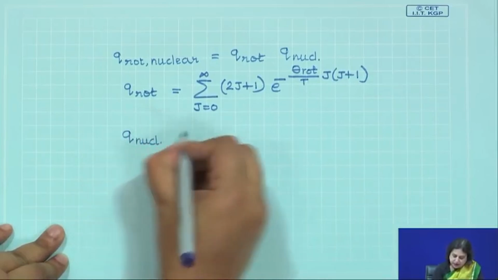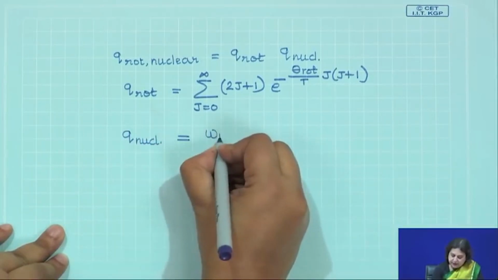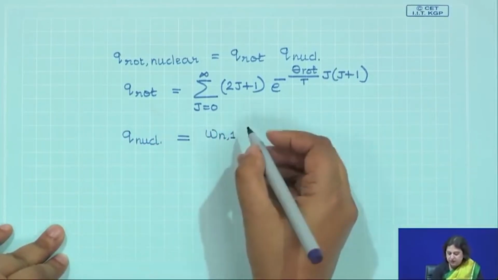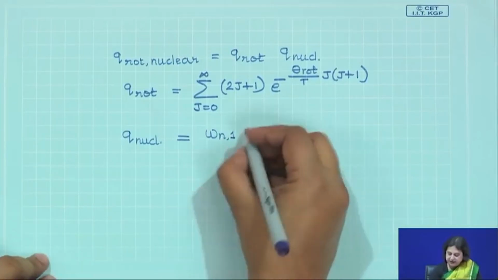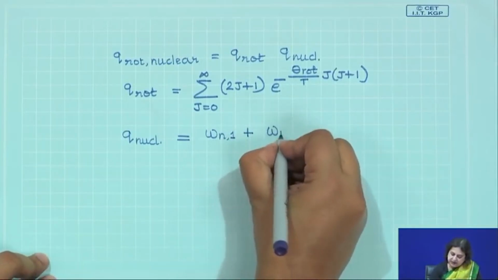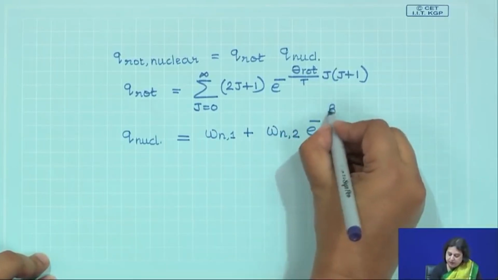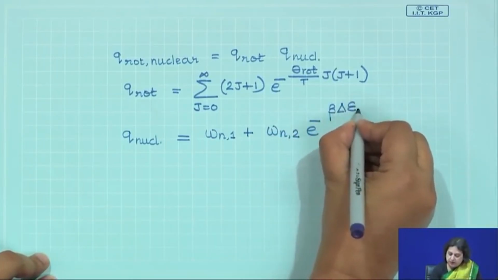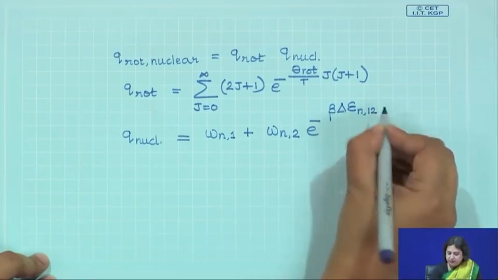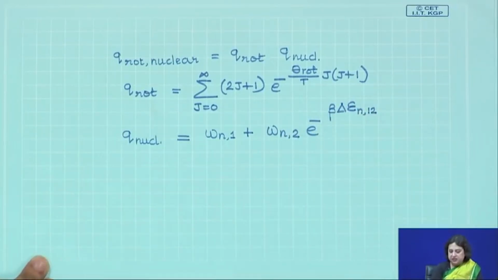We know that Q nuclear is equal to the degeneracy of the ground nuclear energy state plus the degeneracy of the first excited nuclear energy state times e to the power of minus beta epsilon nuclear, the difference between the ground and the first excited nuclear energy states.